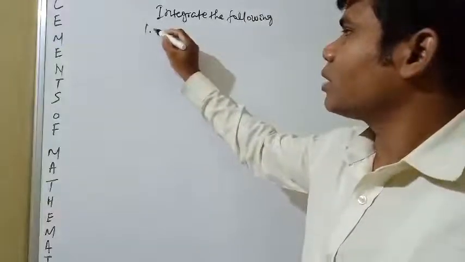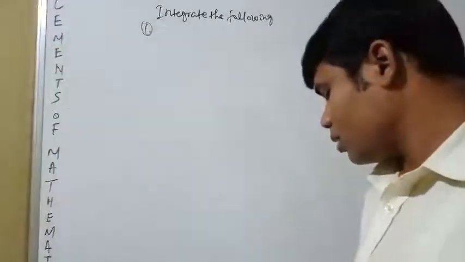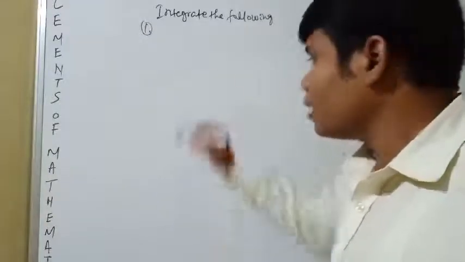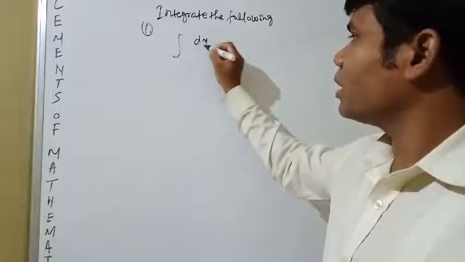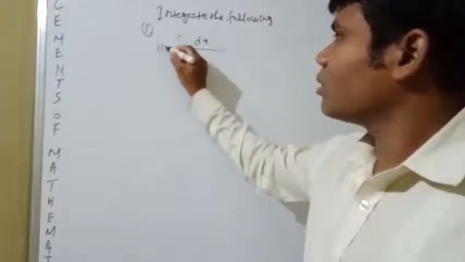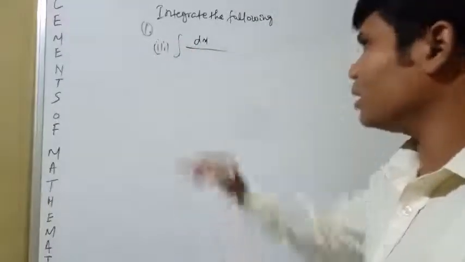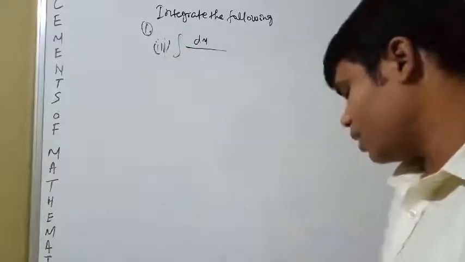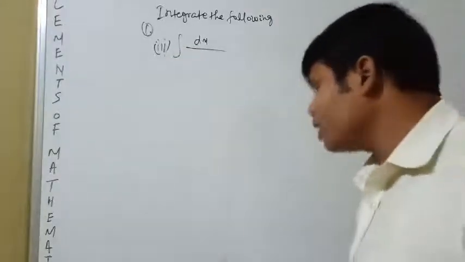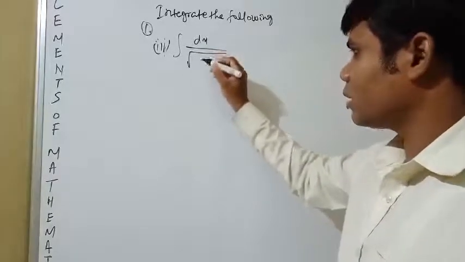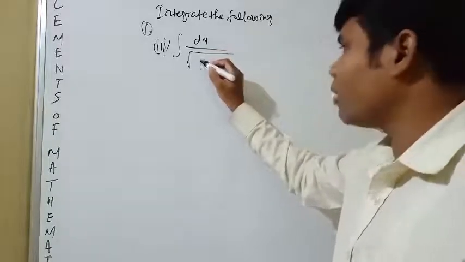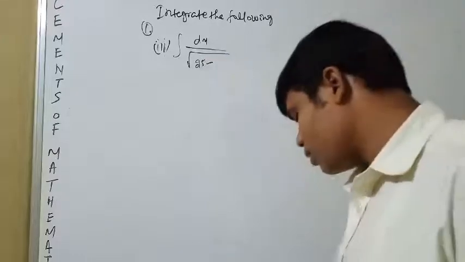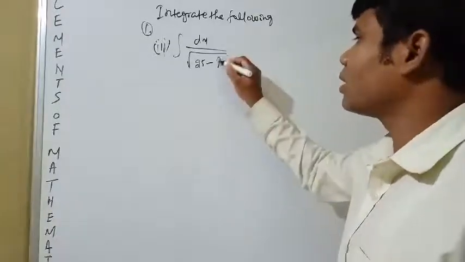Question 1, part 3: integration of dx by root over 25 minus (ln x) square.